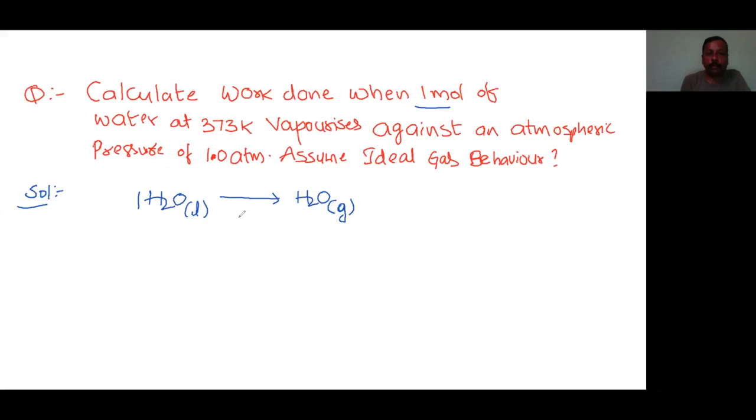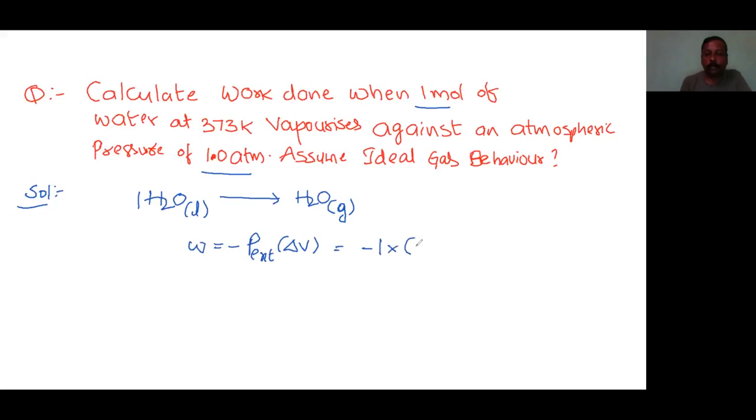Now against the external pressure, work done is equal to minus P external into delta V. P external is already given as 1 atm, so that won't be a problem. P external is equal to 1.